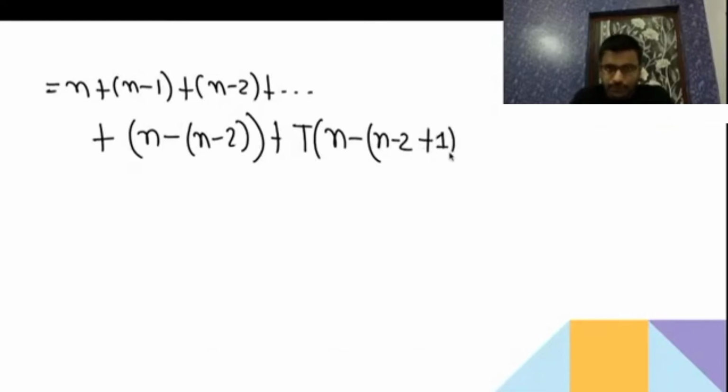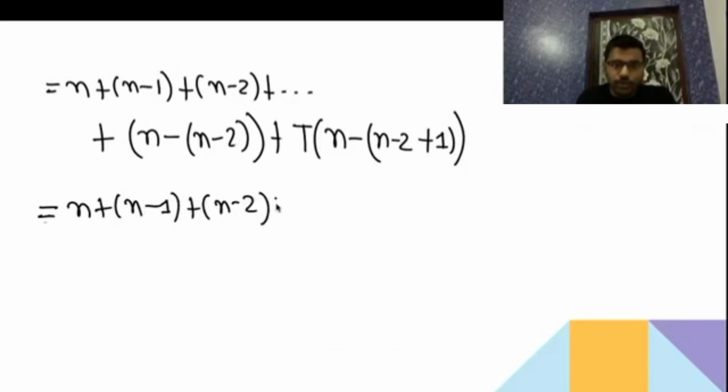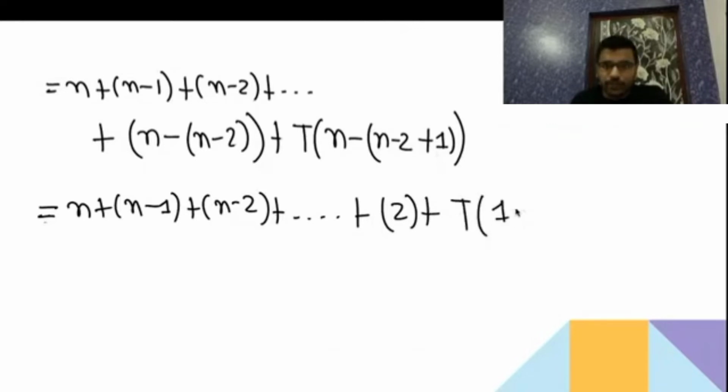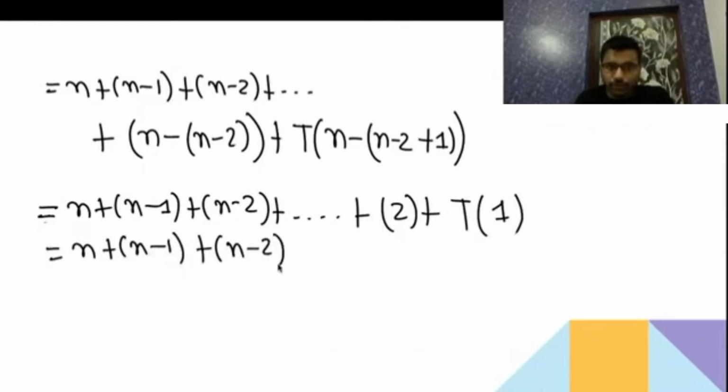So it will be n plus n minus 1 plus n minus 2, and so on, down to plus 2 and then plus 1.